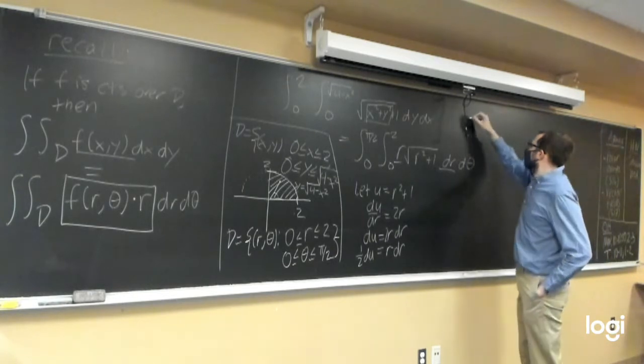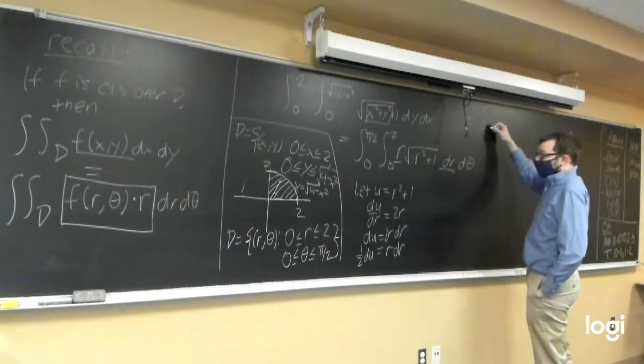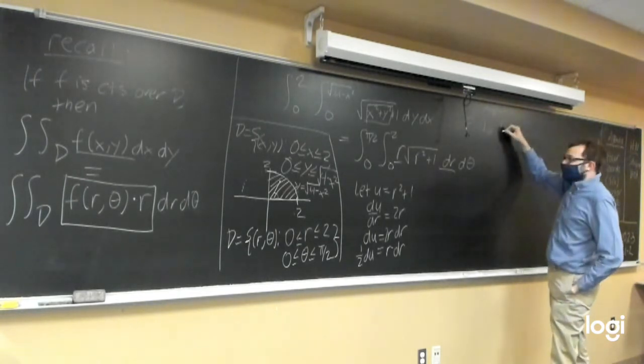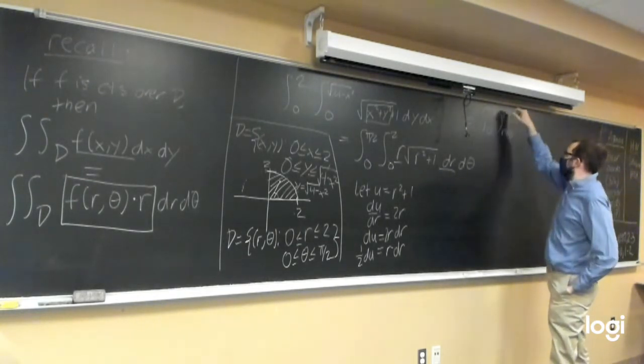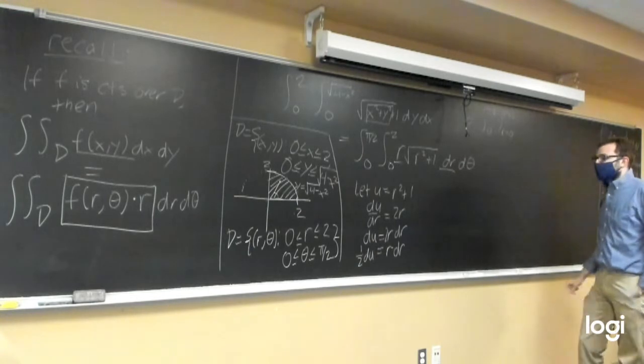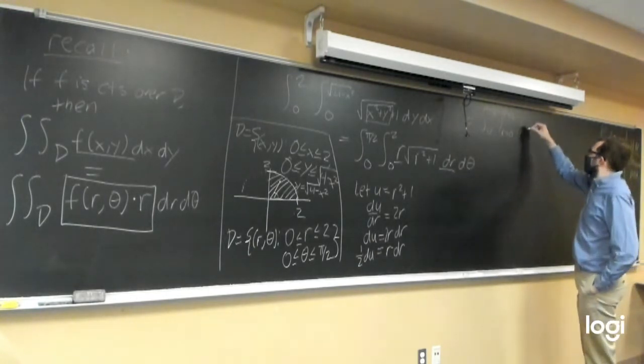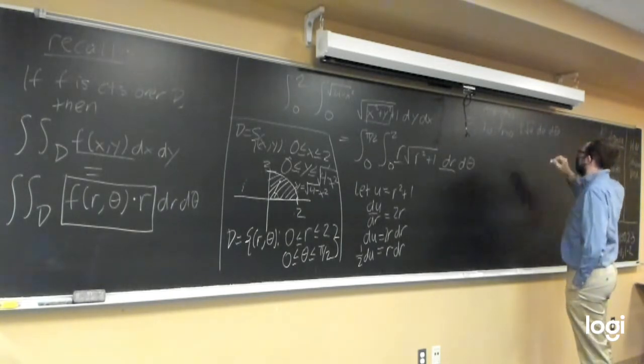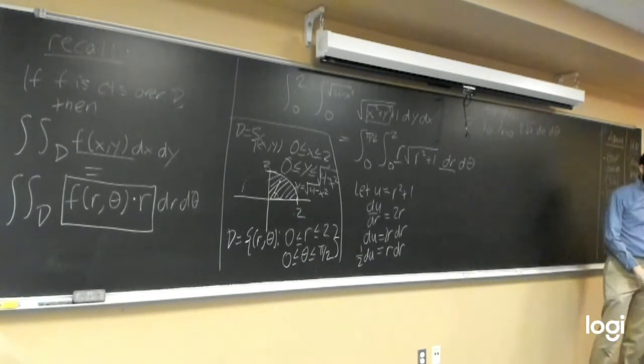we will end up with an integral as theta goes from 0 to pi over 2, integral as r goes from 0 to 2 of 1/2 square root of u du d theta. Right?